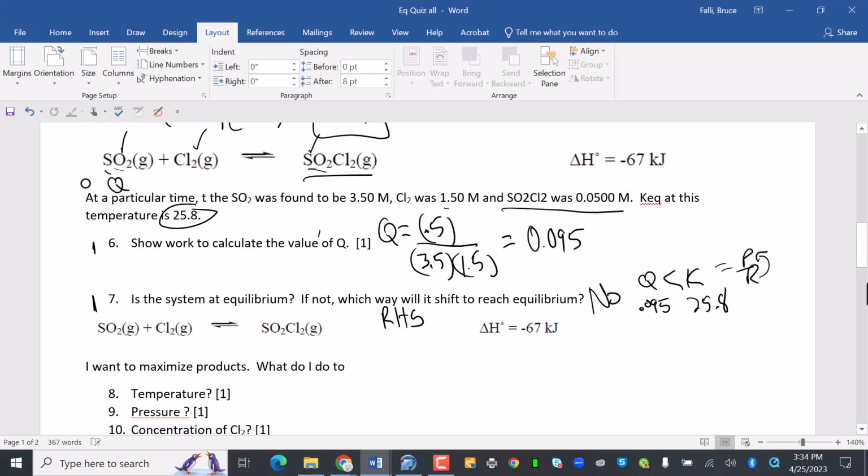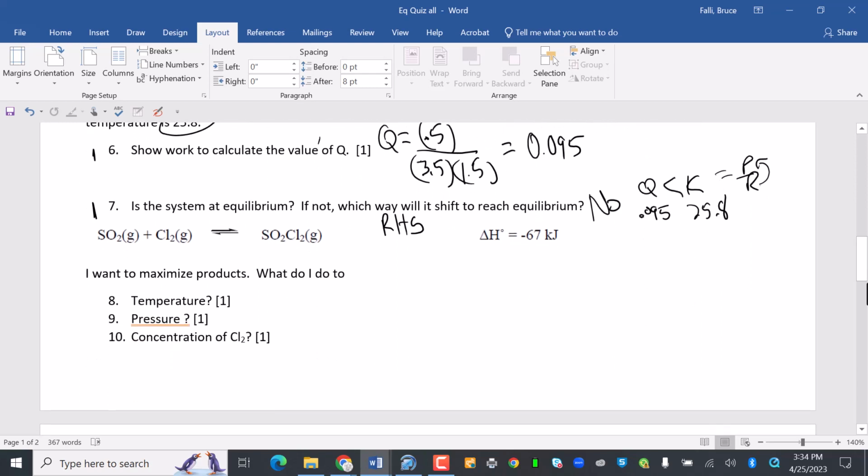This is worth 1. I want to maximize products. What do I do? I'm going to make sure I shift it to the right hand side. Negative 67 kilojoules means I put plus 67 kilojoules over here. What do I do to temperature to shift it to the right hand side? I have to decrease temperature.